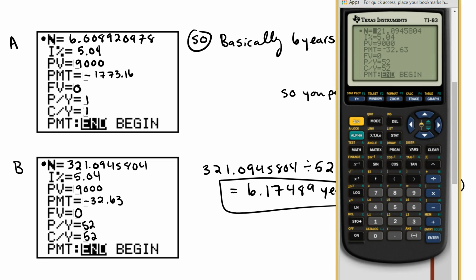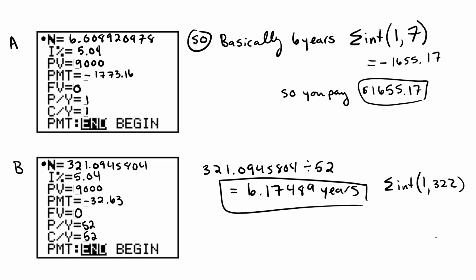Quit this, get back into my finance, scroll down to sum int, enter, and I'm going to say 1 comma 322, close bracket. It's a little less. So what you're paying in interest here is $1,477.32.